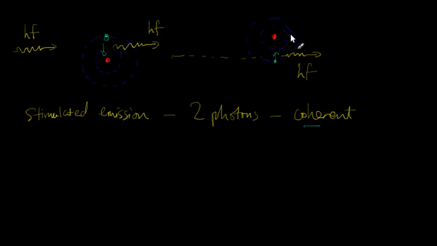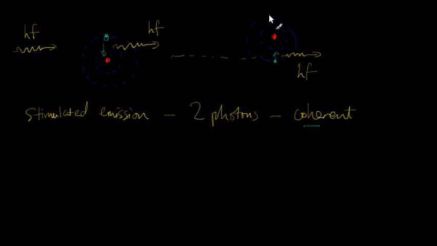There must be enough atoms with electrons in the excited state, that remain in the excited state for long enough, right? So that the external photons, which also don't have to be external, can be from atoms inside, so that other photons have a chance to hit and stimulate emission from them.